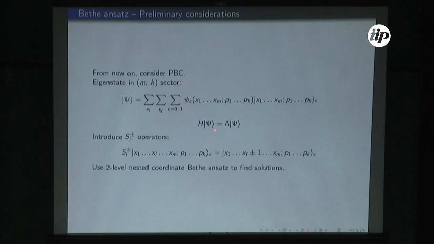In order to do it, we will introduce these S_i plus and minus operators, which basically move the ith domain wall. So this S_i plus or minus moves its value by 1 to the left or 1 to the right.